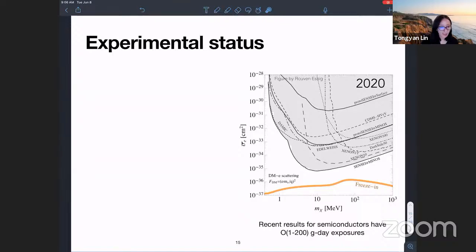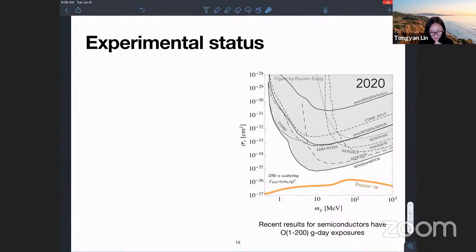And they're also currently dealing with some, well, this one is actually not even that far below the surface, so there's lots of potential backgrounds. But you can see, even though the exposures are still relatively small right now, it's not even that far from the interesting cosmological benchmark I mentioned.